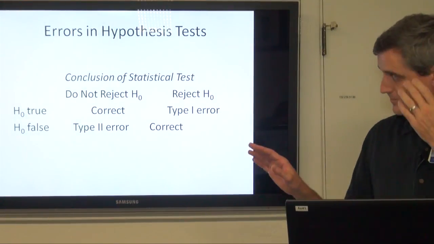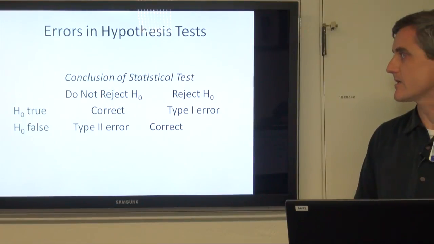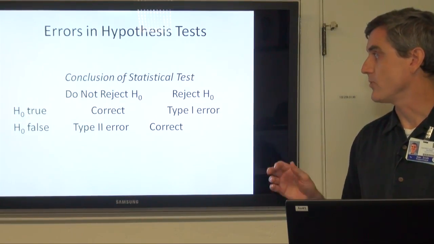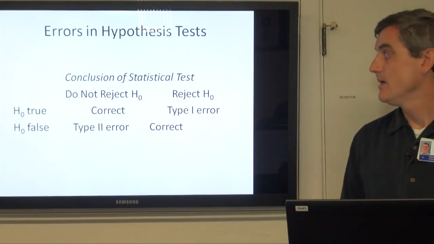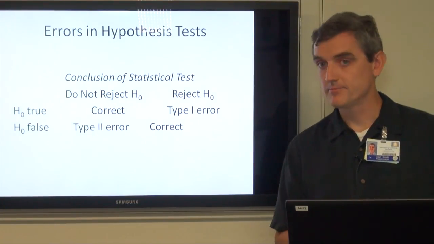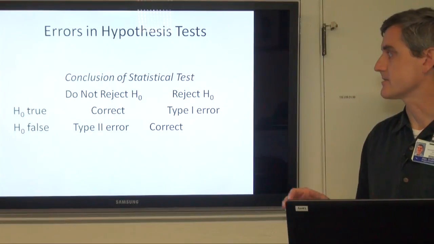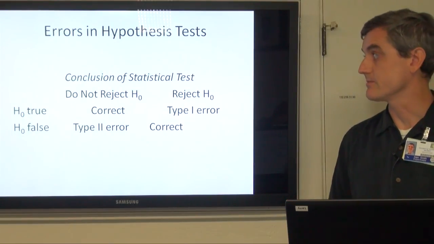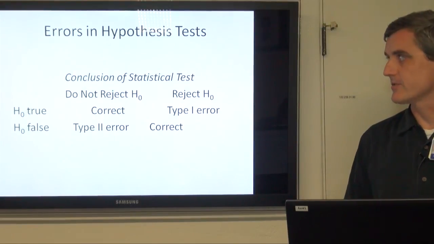Okay. Here's a little bit more of what I was talking about with that type 1 error and alpha and type 2 error. There are, well, I guess technically 4 possibilities here when you're reaching a conclusion for a statistical test.